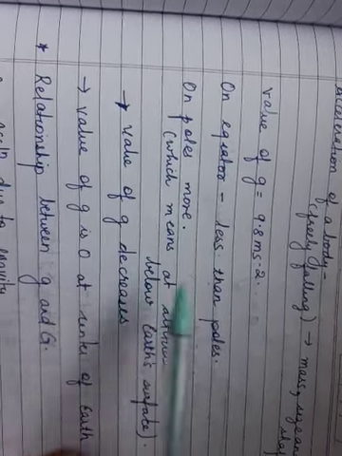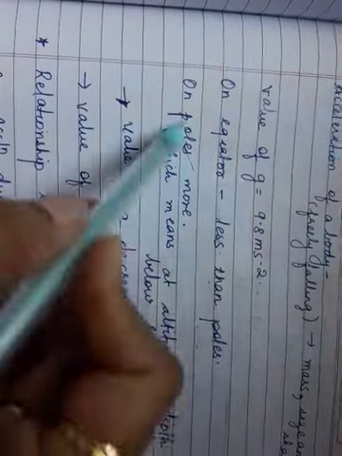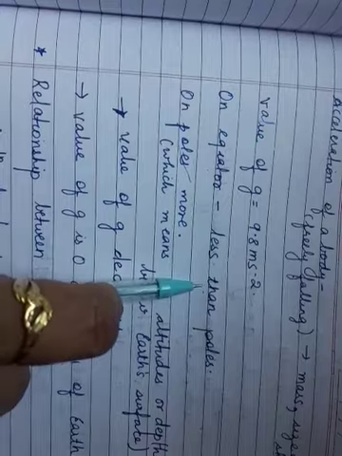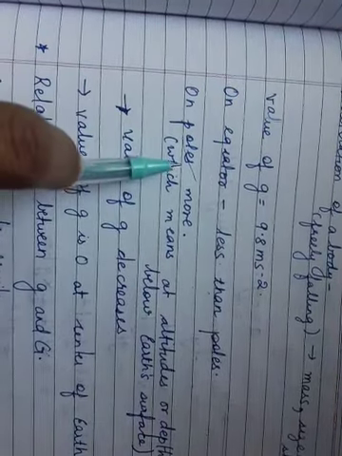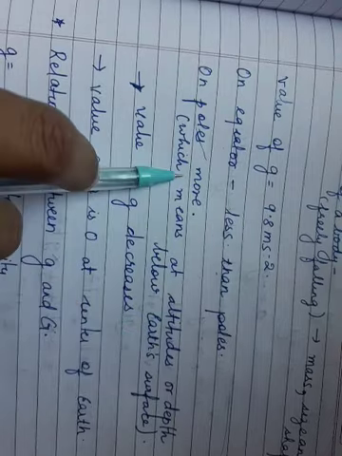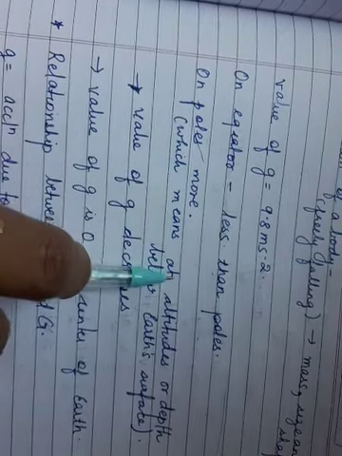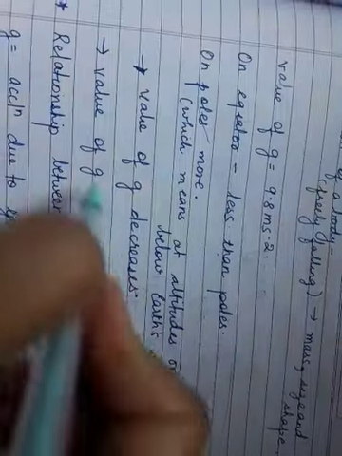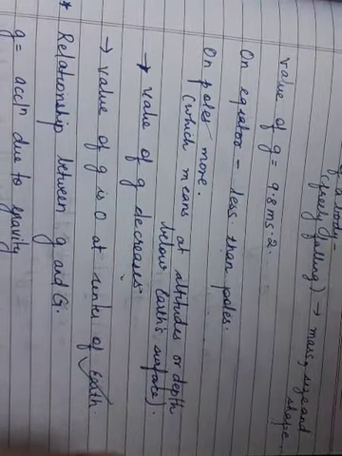Here we can say that the value of g on the equator is less than at the poles. At altitudes, or at depths below the earth's surface, the value of g will be decreasing, and the value of g becomes zero at the center of the earth.